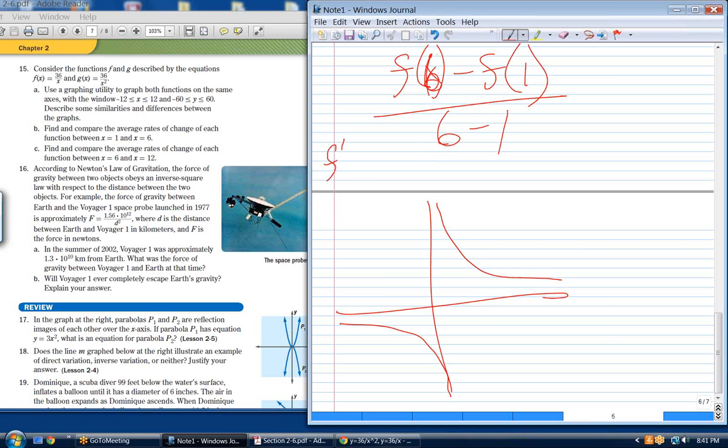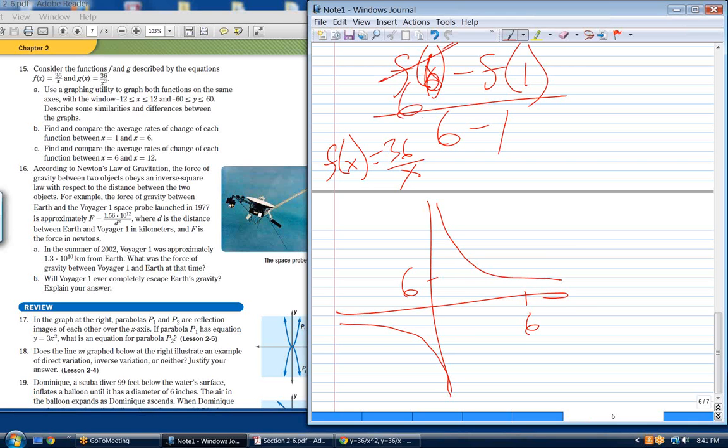If f of x is 36 over x, what is f of 6? 36 over 6. Okay, so if there's 6 on the x-axis, that would be 6 also. In other words, f of 6 is 6.